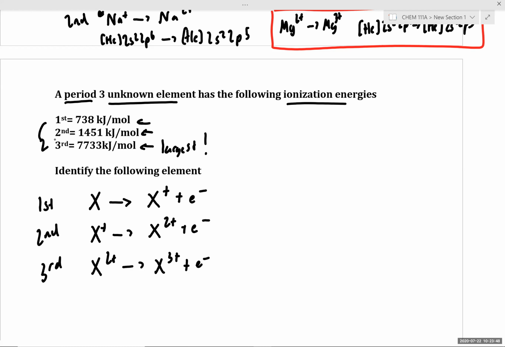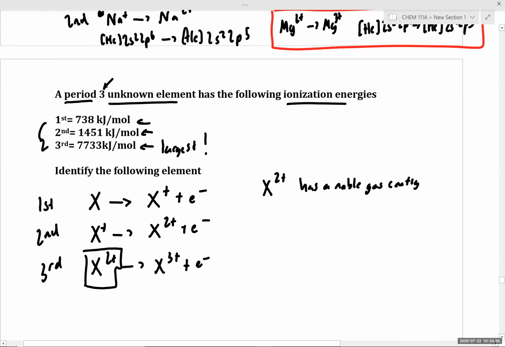The third ionization, exactly right. So then, the noble gas configuration that we're ionizing is X2 plus. So X2 plus has a noble gas configuration.